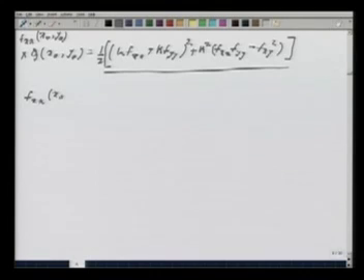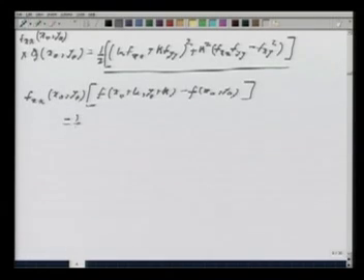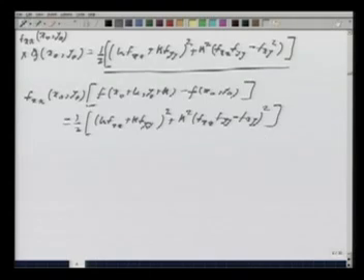Okay. Now notice that this quantity here is always bigger than or equal to 0 because it's a perfect square. So there are several cases. Now let me look at that.